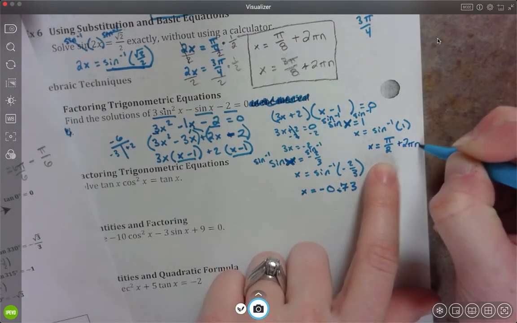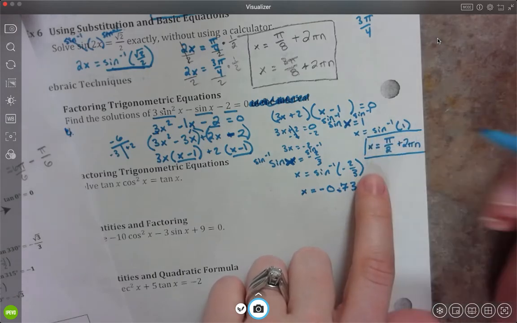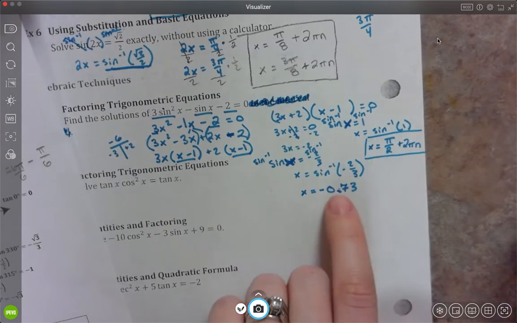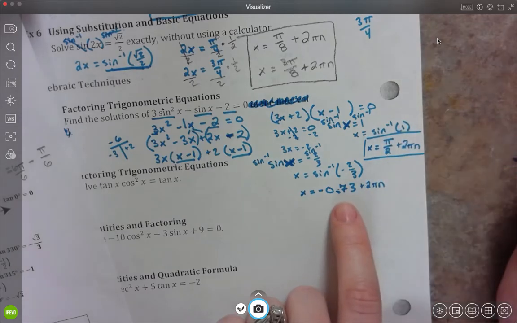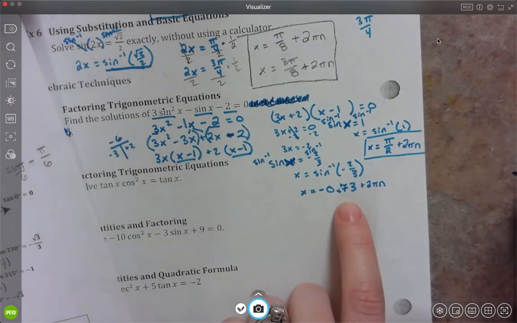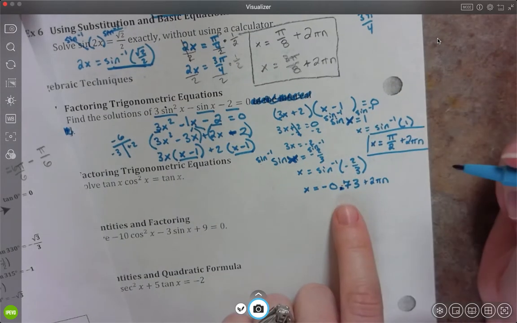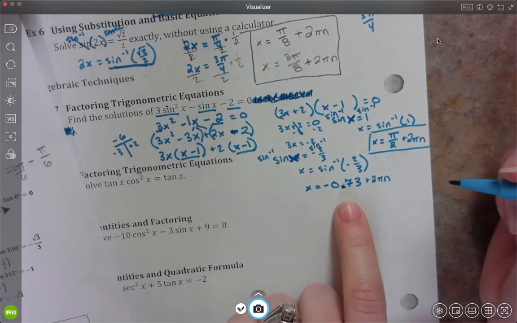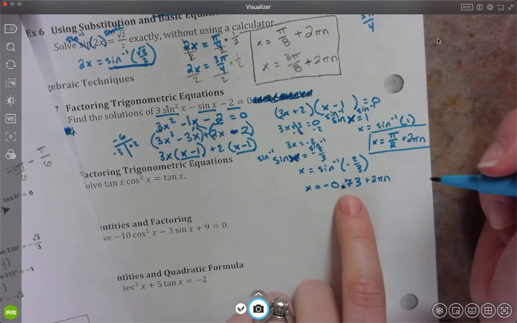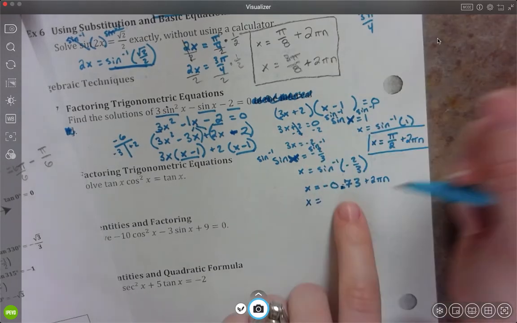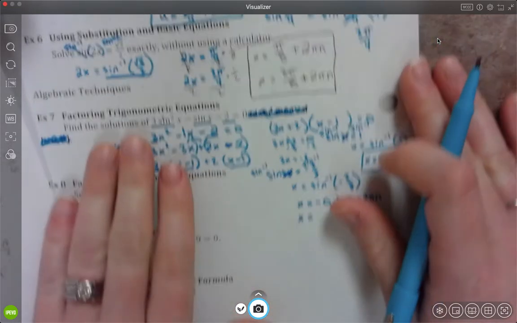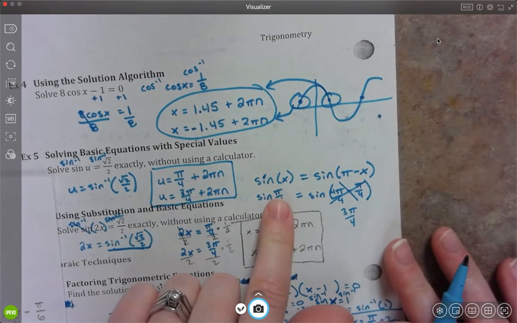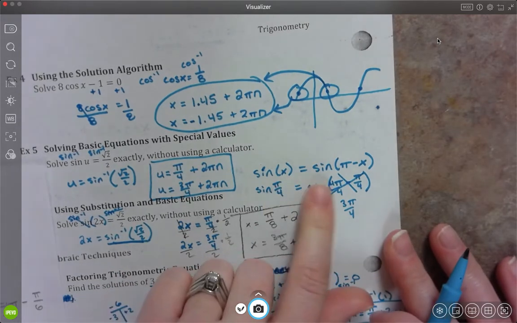Anytime you can look these up on the unit circle, you want to make sure and do that. The only other thing, I need to make sure and put plus 2 pi n here. Down here, for negative 0.73, I want to use the rule of sine to figure out what his other value is. The rule, I think I have it written up here, is that sine of x will be the same as sine of pi minus x.